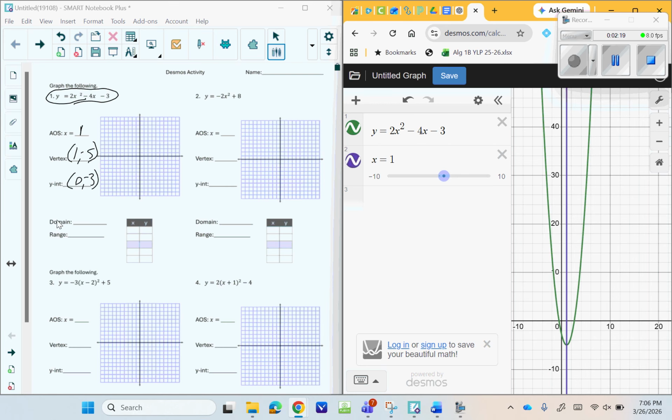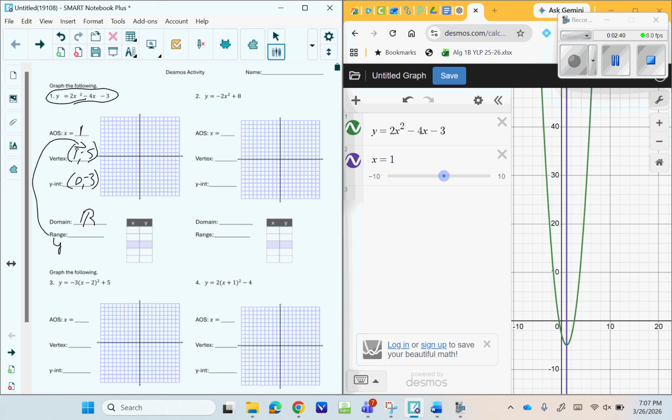So what that means for our domain, which is always our x value, is that since it goes to the left forever and to the right forever, all parabolas will always be the set of all reals.